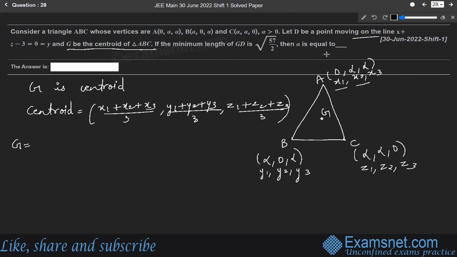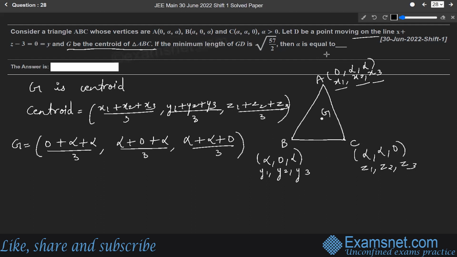The values are 0, alpha and alpha. So 0 plus alpha plus alpha divided by 3. Then y1 plus y2 plus y3. The values are alpha plus 0 plus alpha divided by 3. Then z1 plus z2 plus z3. The values are alpha, alpha and 0. So we have alpha plus alpha plus 0 divided by 3.